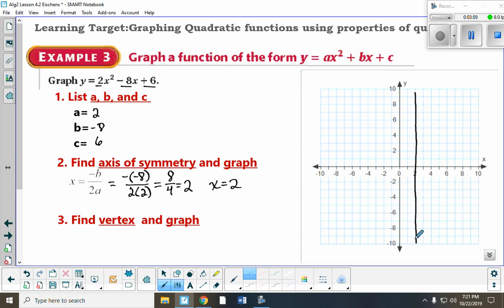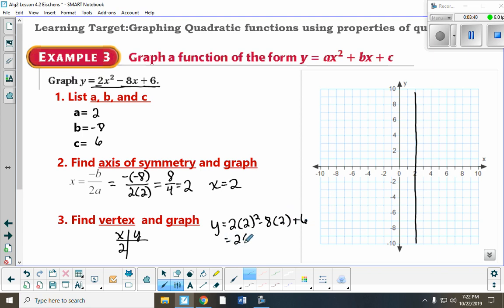And now we know the vertex is somewhere on here. So at the vertex, we're looking at that coordinate for the vertex, the x value is going to be 2. So we're going to substitute 2 in for x in the original equation. It's kind of like if you had an xy chart and you want to substitute in 2. So y equals 2 times 2 squared minus 8 times 2 plus 6.